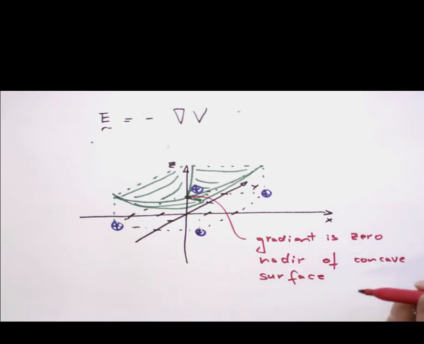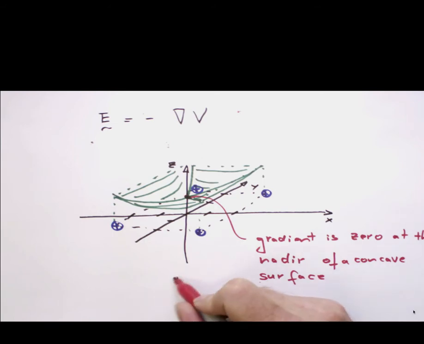Gradient is 0 at the nadir of a concave surface, that is the potential surface.